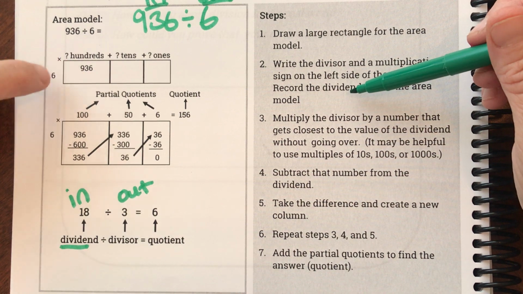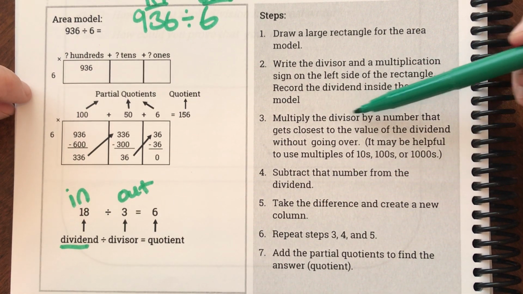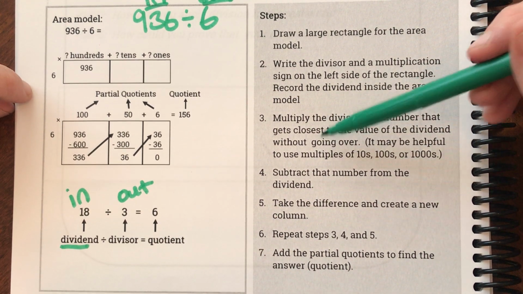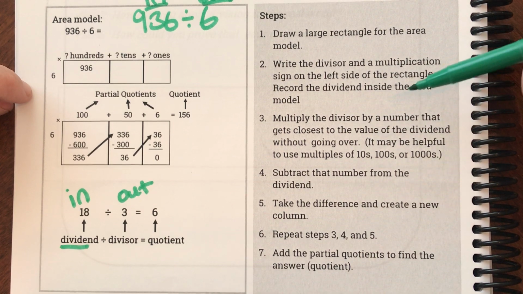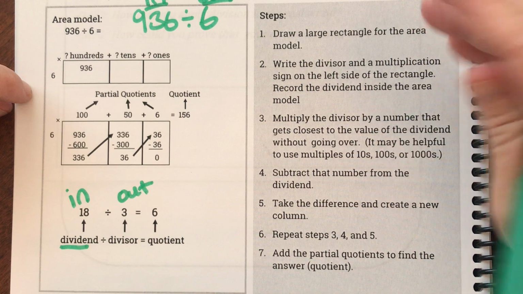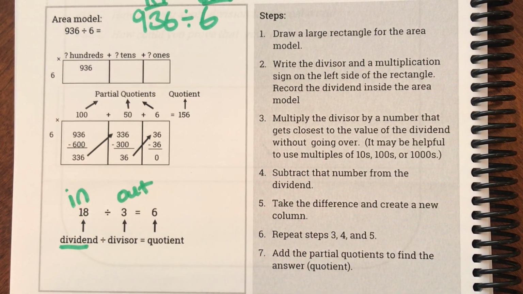So in, out, and the multiplication. Then it says multiply the divisor by a number that gets closest to the value of the dividend without going over. This is where dividing comes in. I'm going to show you the rest of these steps. I think it's a lot to memorize, but you could refer back to them if you need some help.